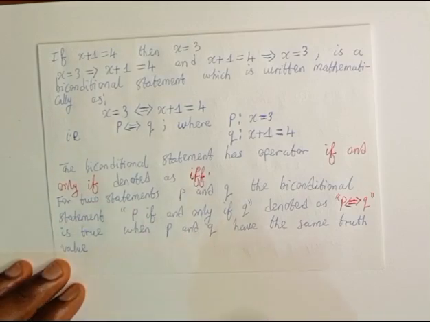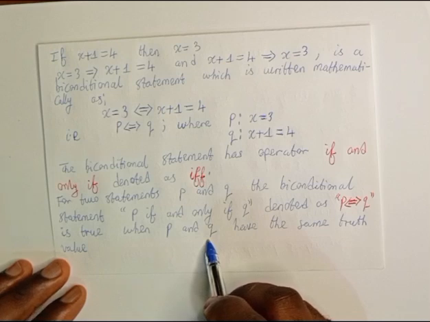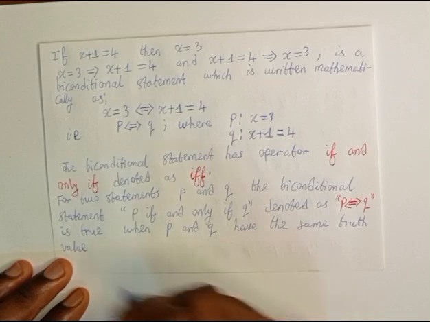That means it is true when both P and Q are true, or when both P and Q are false.